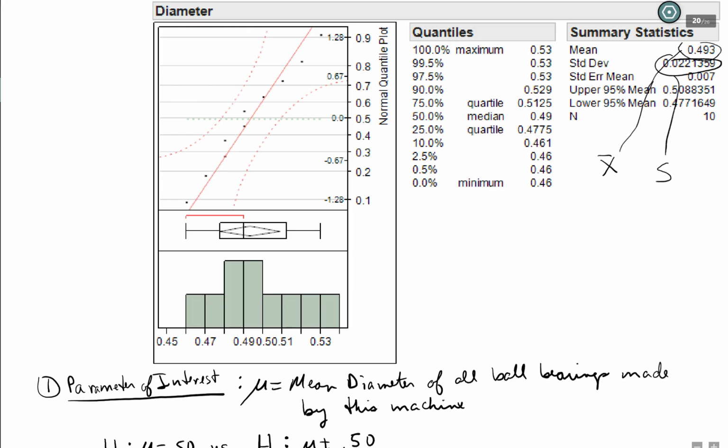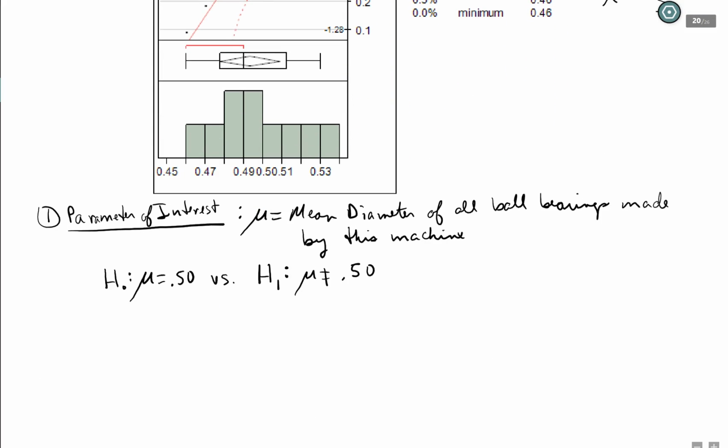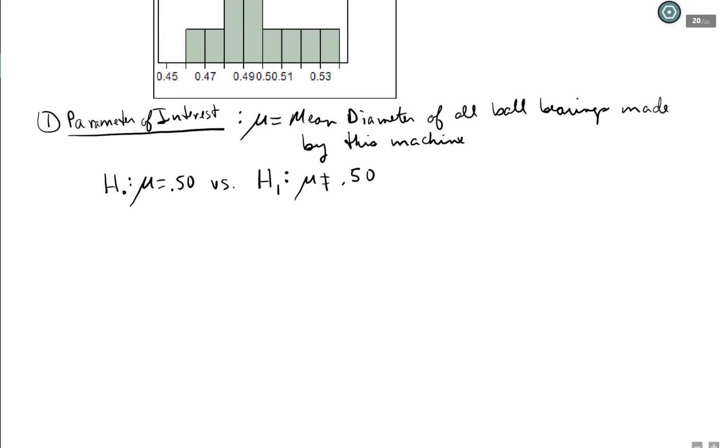And for what it's worth, here we have the quantiles and certain percentiles for this data set. Here is the box plot. Here is the histogram, and so forth. I'll come back to that in a little bit, but let's continue on with the actual hypothesis test.